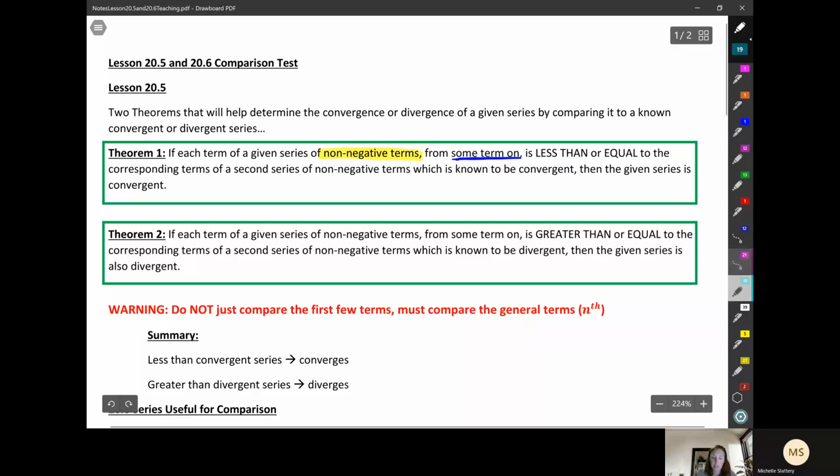All right, so here we're looking at a known convergent, and we're saying it needs to be less than or equal to. Then we can also say that the given series is also convergent.